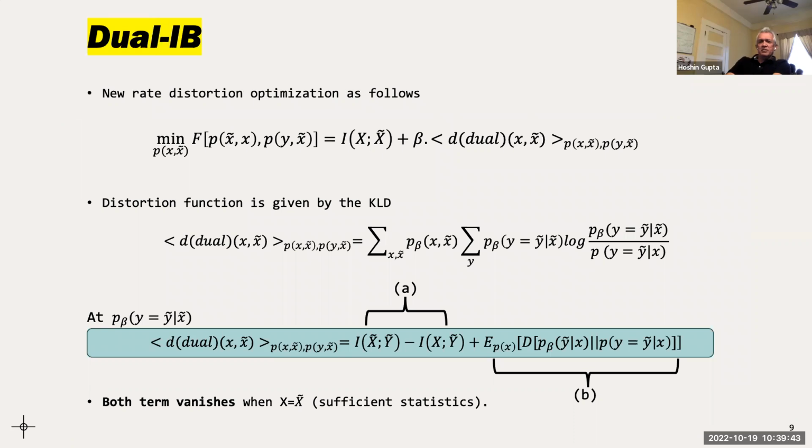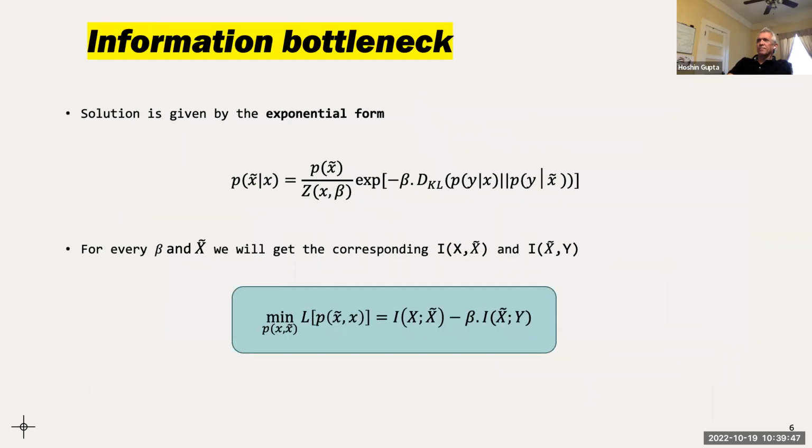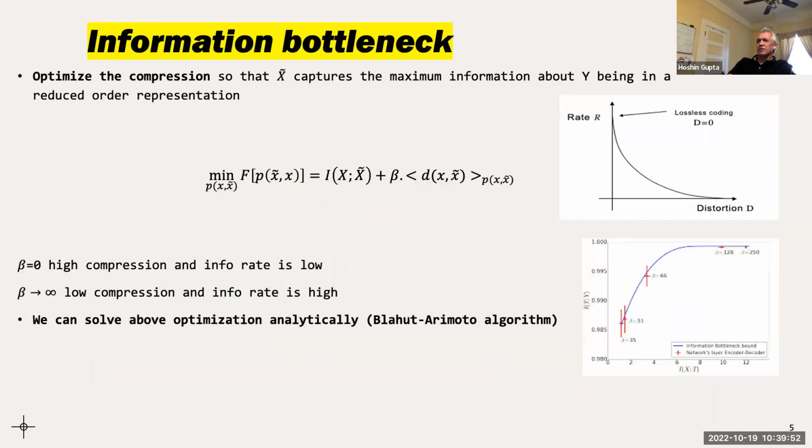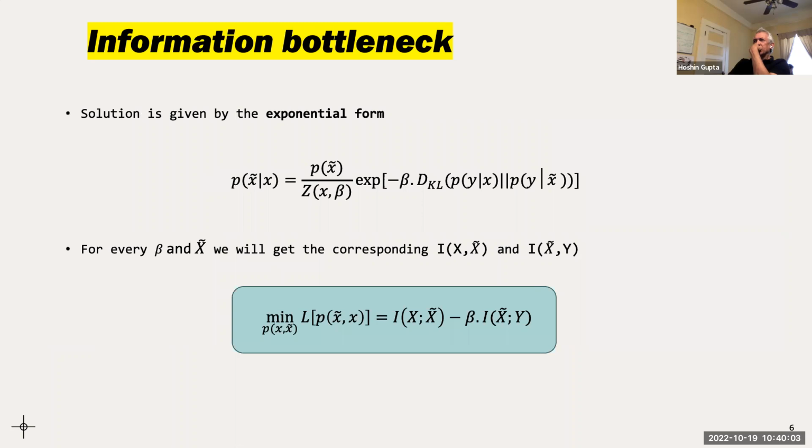Can you go back to the regular information bottleneck? Here I understand you have X, which is your input data, and X tilde, which is your compressed input.